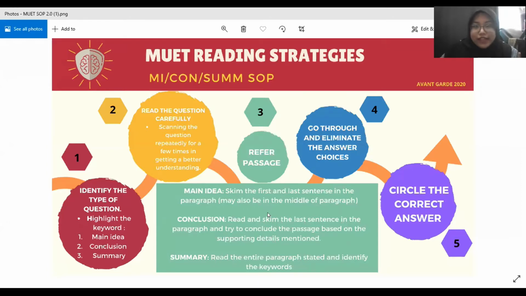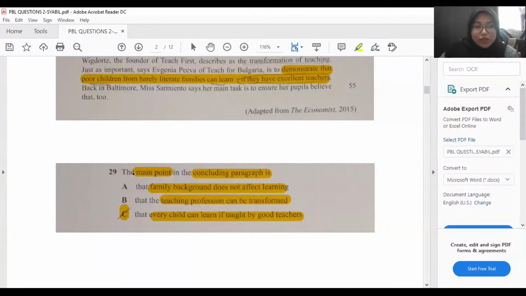So for further understanding, I will demonstrate it on this example question. First of all, we need to identify whether it is a main idea, conclusion, or summary. The question is, the main point in the concluding paragraph is. We can see that the keyword is main point, which has the same meaning as main idea.